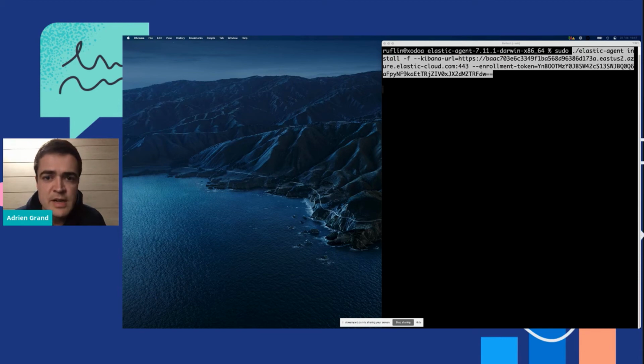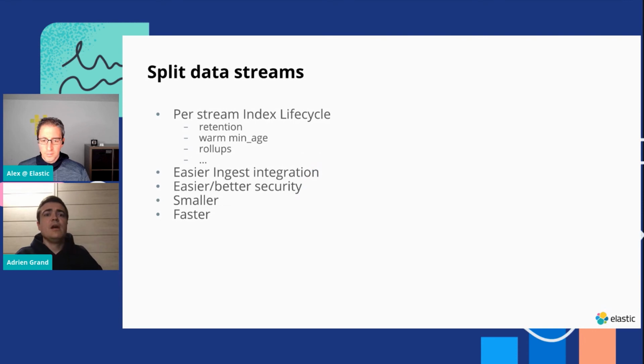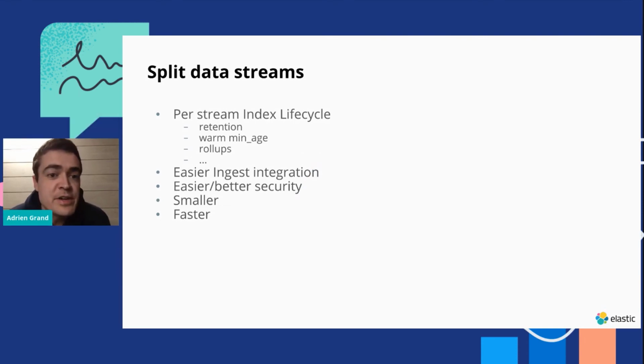Can you come back to the slides, Nicolas? Perfect, thank you. So we have easier ingest integration, like Nicolas described. We have easier and better security. Nicolas already mentioned the ingest side part of the security, but that's also true for the search side part of the security.